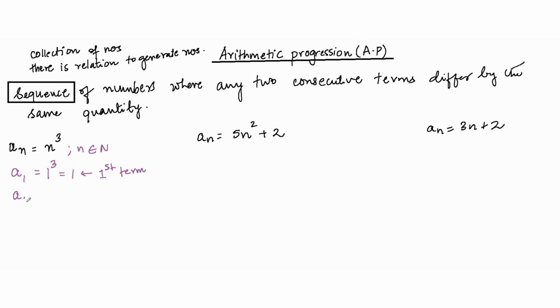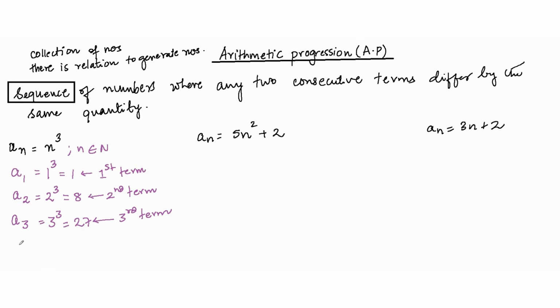Let's find a2. So a2 is going to be 2 cube. Instead of n I am substituting 2. So 2 cube is equal to 8. That means that this is the second term. Then let's find a3. So for a3 we can substitute n as 3. So this becomes 3 cube. 3 cube is 27. So this is my third term and so on.